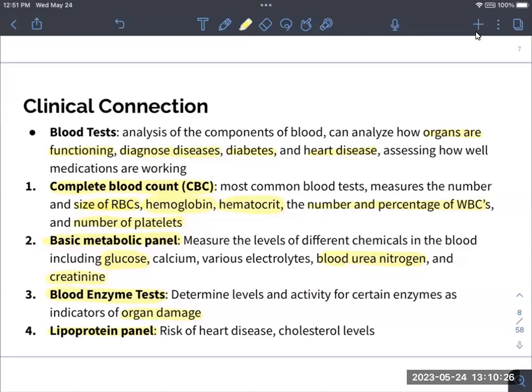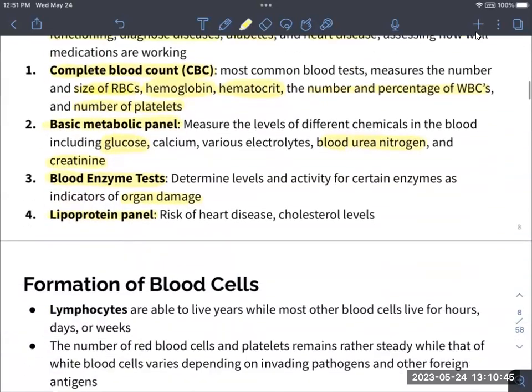Those are going to tell us our risk of heart disease. So there's a lot of different things that we can learn from these different blood tests. These are just a small sampling. There's hundreds of blood tests that can be run. This is just a small sampling of what we can get.